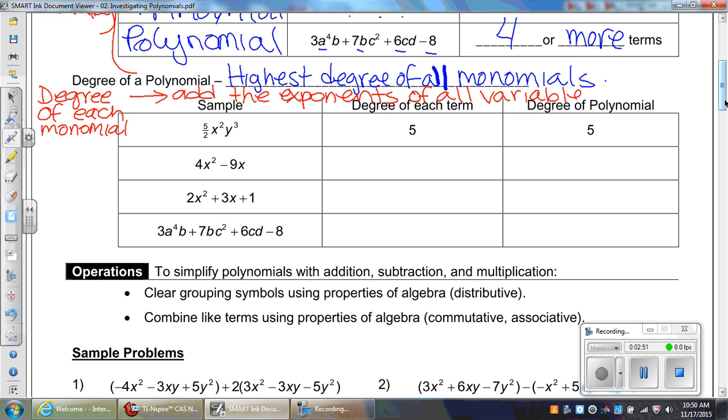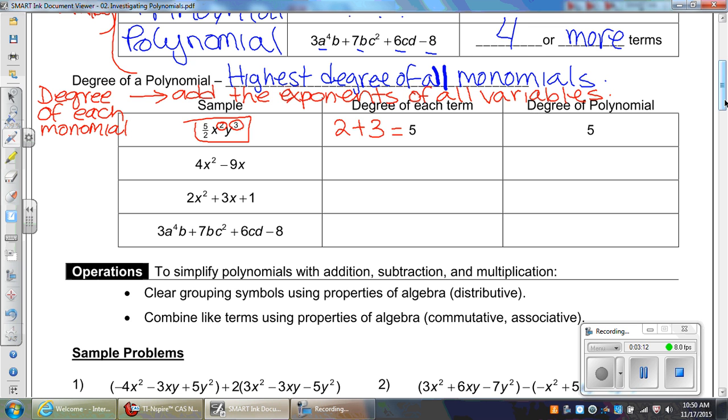Not the numbers, not the constants, but the variables. Here we have a very good example. This is just a monomial, right? The exponents of the variables are a 2 and a 3. So if we add 2 plus 3, we get 5. That is how you get the degree of a monomial.